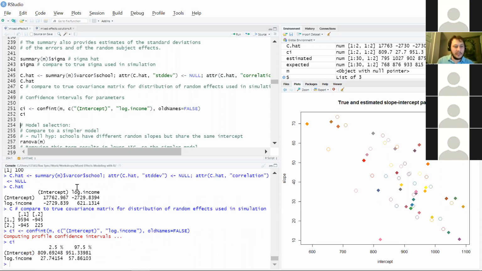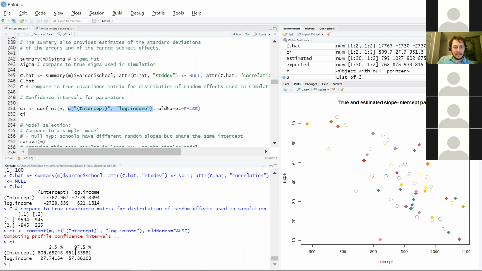Let's look at the confidence interval for the fixed effects. All right. So I'm doing confint again, but I'm specifying the parameters that I want the 95% confidence interval for.